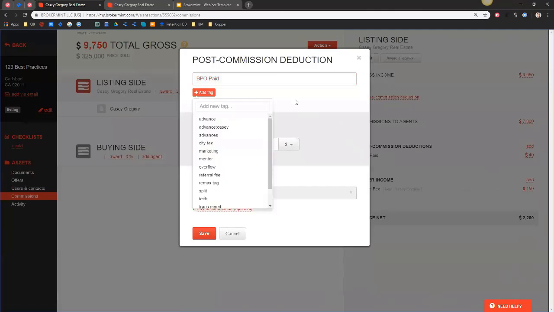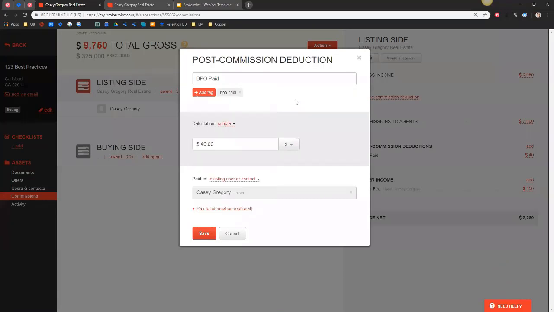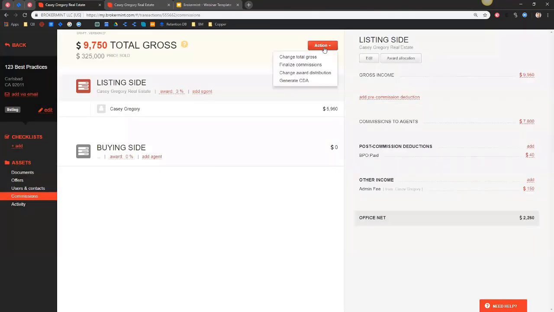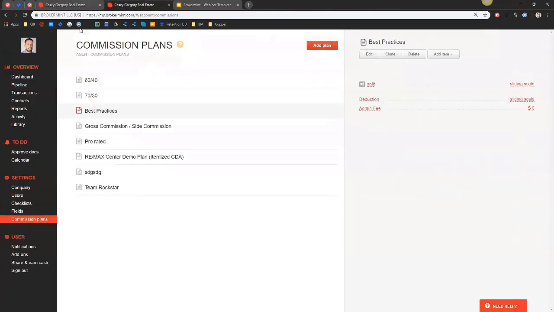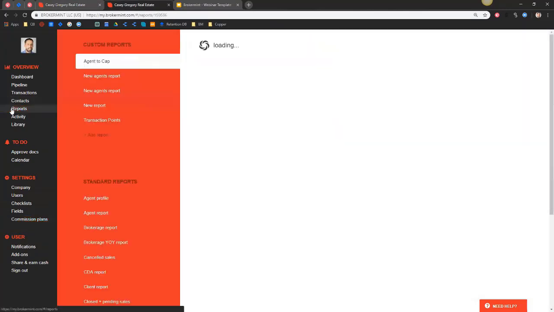So this BPO paid, if we were to add on a tag for BPO, that payments report now tracks every single transaction and every single time this BPO tag appears. It'll also track exactly the amount of money it appears for, who it was paid to, who it's paid from, allowing us to use our report to track those deductions.